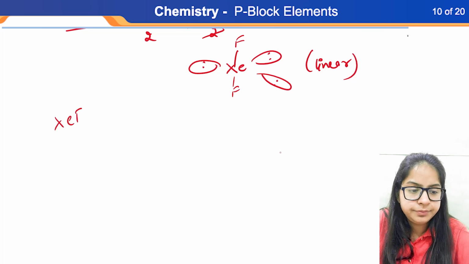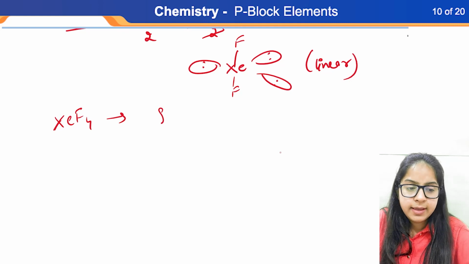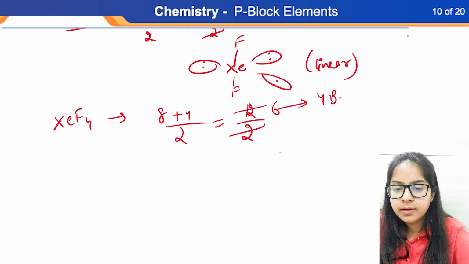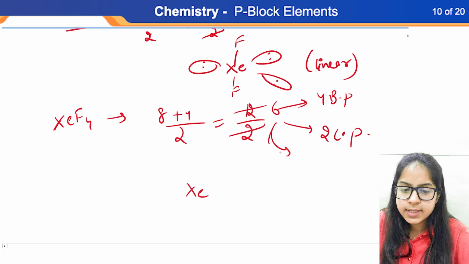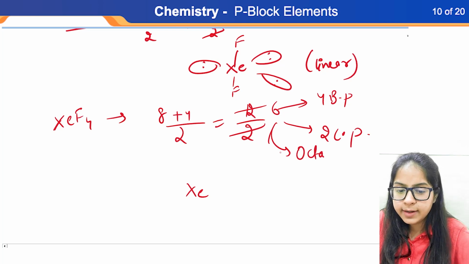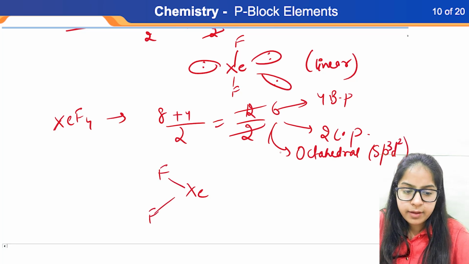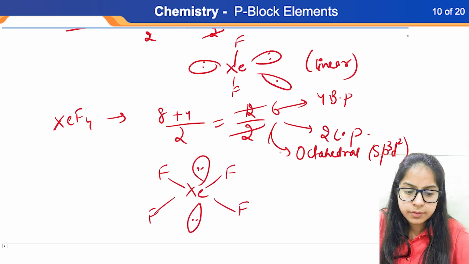Then XeF4, I want you to calculate with me. XeF4 is 8 plus 4, divided by 2, 12 divided by 2, that is 6. 4 bond pairs, 2 lone pairs. 6 is octahedral geometry, sp3d2, Xe with four F, a lone pair on this side and a lone pair on this side.